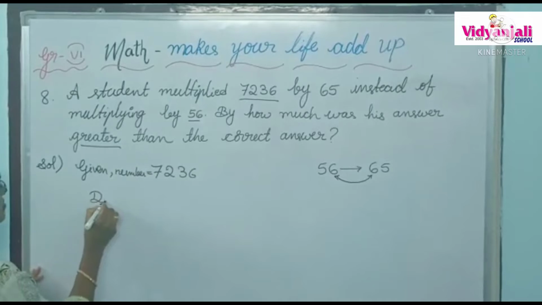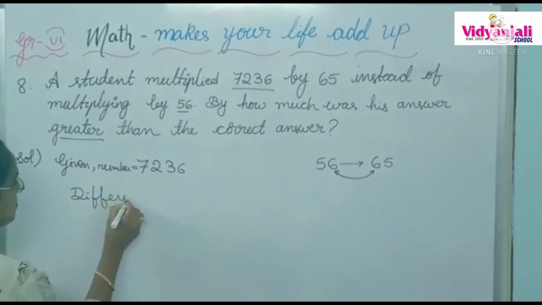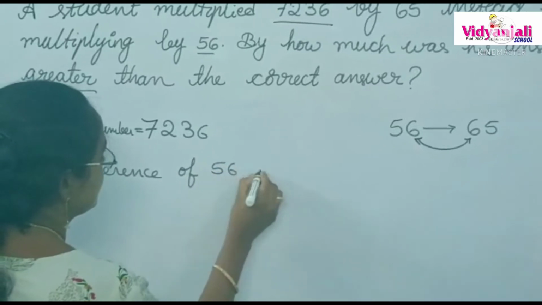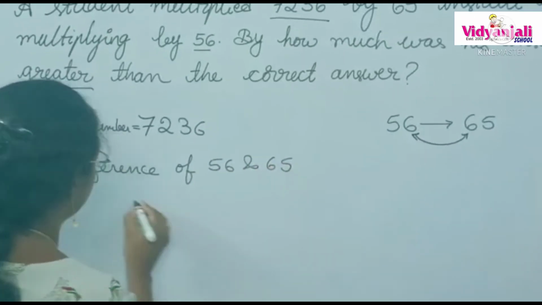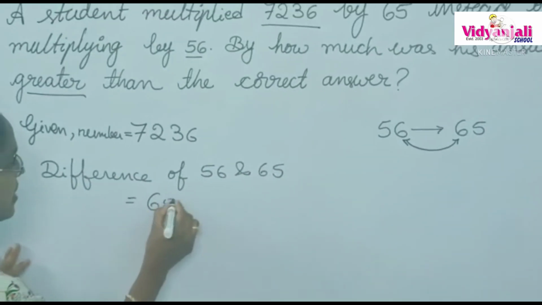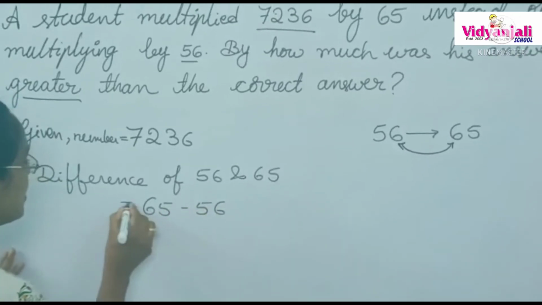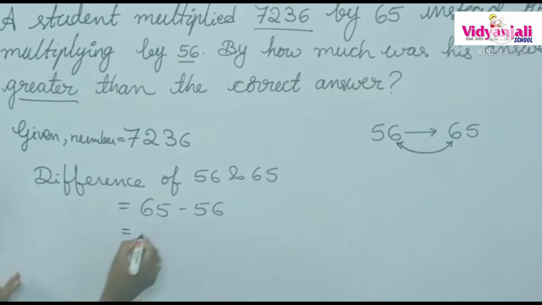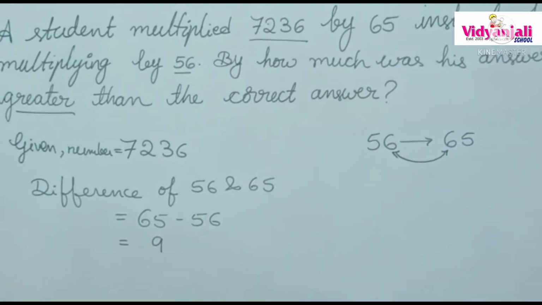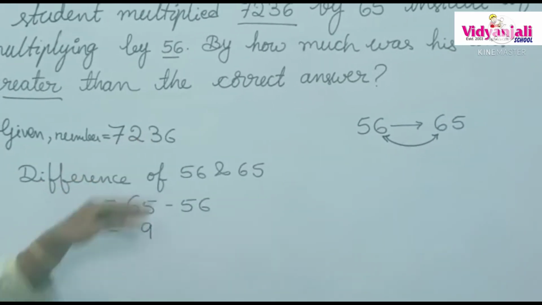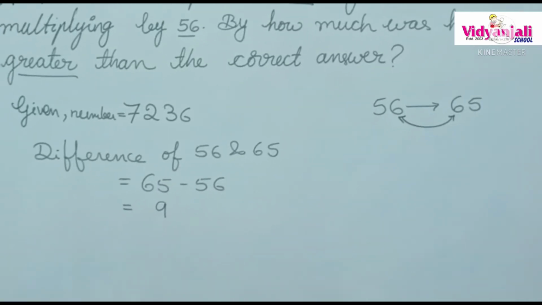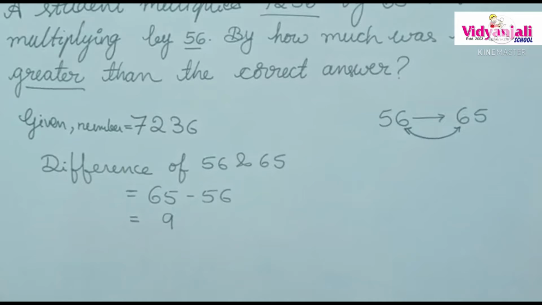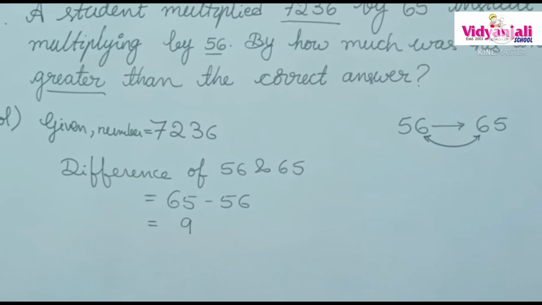So the difference of 56 and 65, that is 65 minus 56. The difference is 9. So if you multiply 7,236 with 9, we will get how much more answer we got than the correct answer. Okay, children.